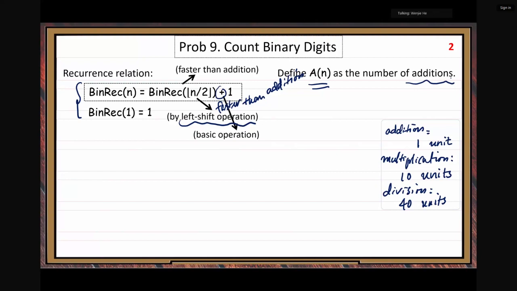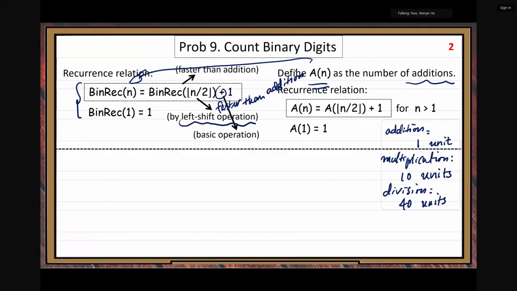Although the A function is closely related to that B function, here we use it to count the number of additions, and we have the recursive formula. The recursive relation is similar to that version, but the meaning is slightly different.